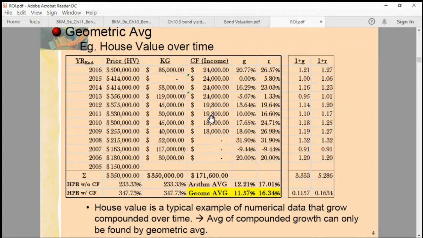Now, in scenario one, because there is no rental income, the only source of income is capital gains. And if you calculate the growth rate in your house value, you have only growth rate, right?